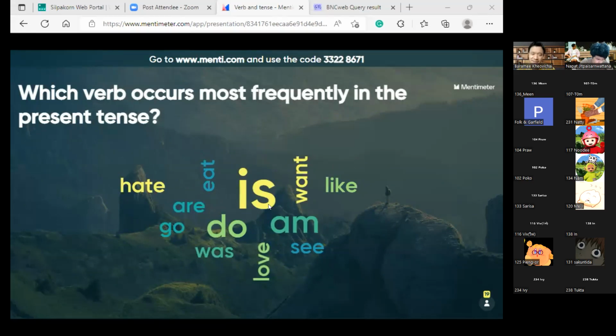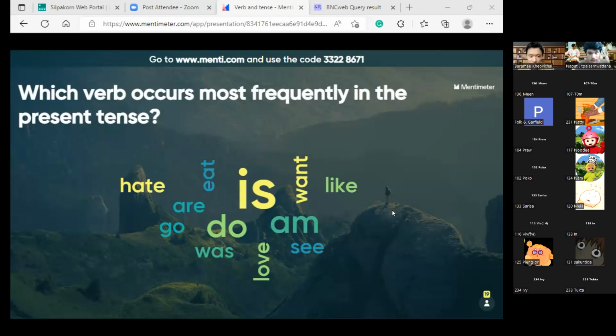"Want". The word "do" as well. Now that's very interesting. So these are the words you think are used in the present tense. Now I think we should go to the next one.